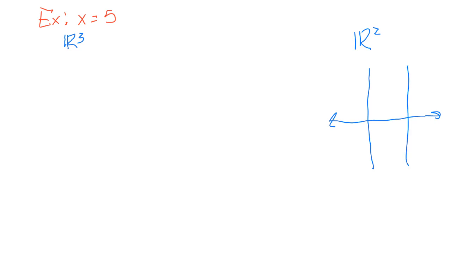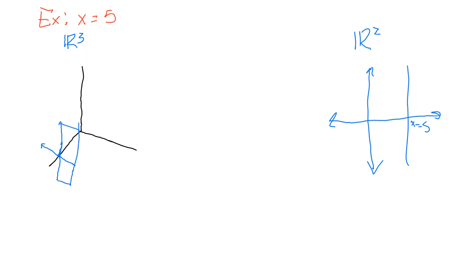It's just that line at x equals 5. But of course, if we graph it in 3D, we are going to get something pretty different. We can go up and down, we can move to the side, but we cannot go forwards or backwards in relation to our x-axis.